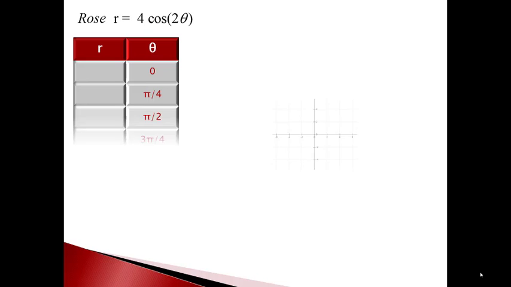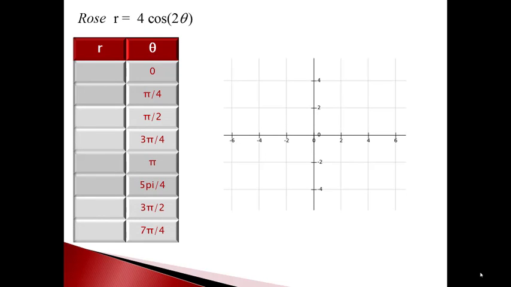In the following example, we will graph the rose curve r equals 4 cosine of 2 theta. We construct a table of values of (r, theta), for theta a multiple of pi over 4, and plot the corresponding points in the plane. The points are plotted as follows.